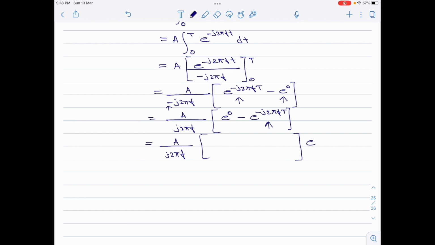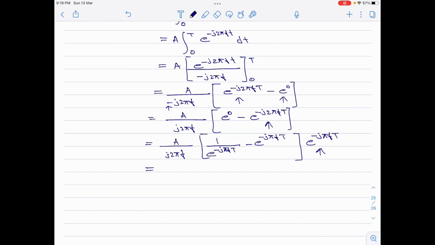That is, I am going to take e to the power of minus j pi f capital T as the common. E to the power of 0 is 1, and therefore, this term which is taken as common will come to the denominator here. This is minus j pi f capital T minus of e to the power of minus j pi f capital T.